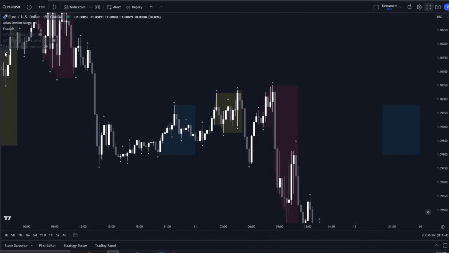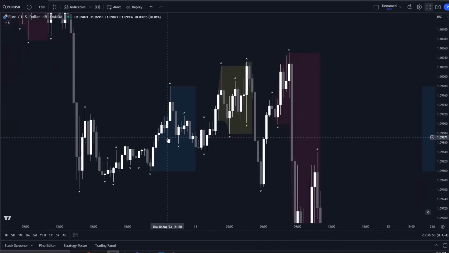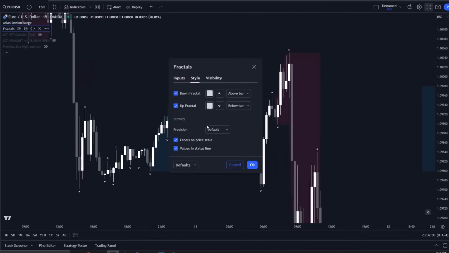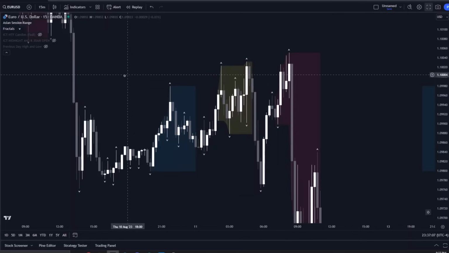So if we enable the indicator right here, what do you see now? You see that it only highlights the fractal highs. And by the way, the setting for this indicator is only 2, so a period of 2. That's all you need for this indicator.